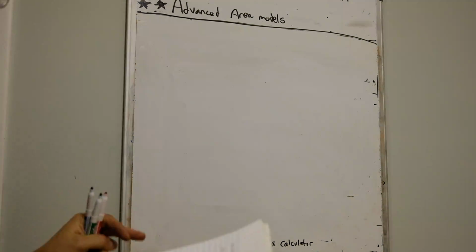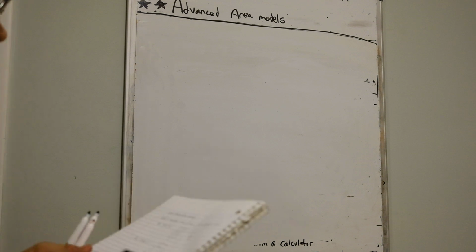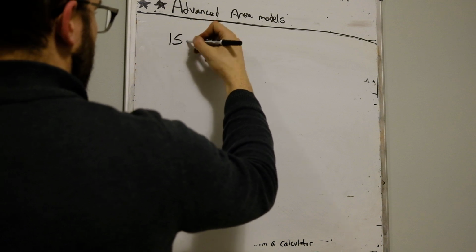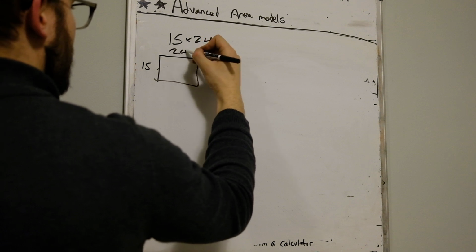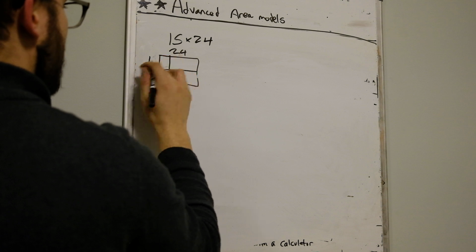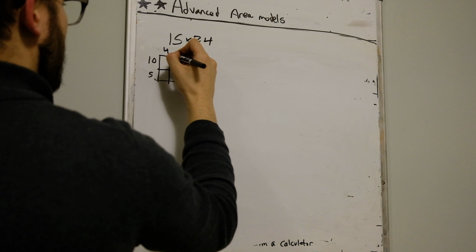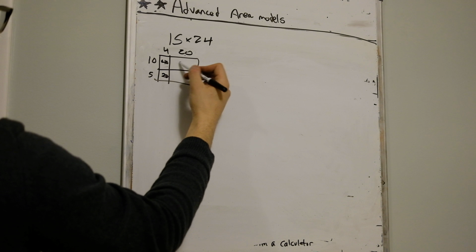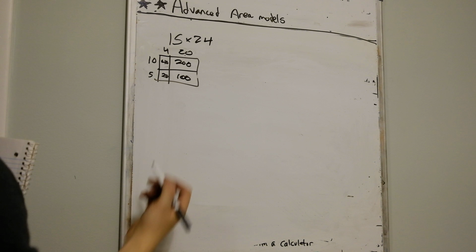So if you're watching this, you've got a pretty good understanding of multiplication and division and the multiplying and dividing algorithms, and you understand ideas like area multiplication, for example, where you do 15 times 24, and you could represent that as 10 and 5 and 20 and 4, and you could use that to figure out the areas of 4 different parts, and that would allow you to get the total product.